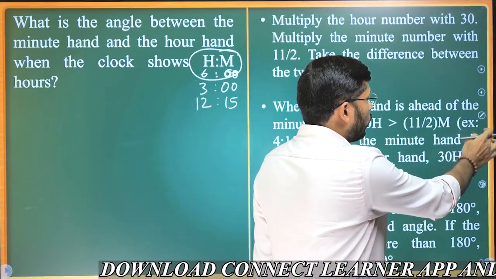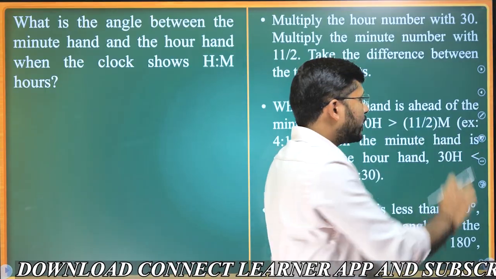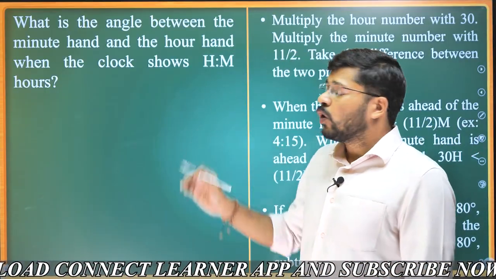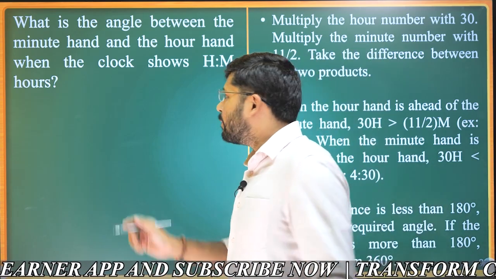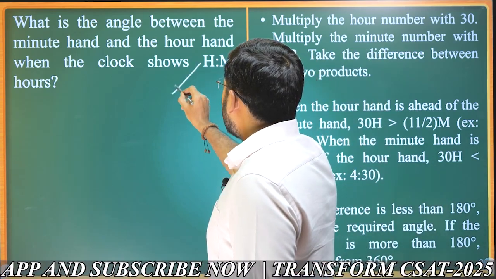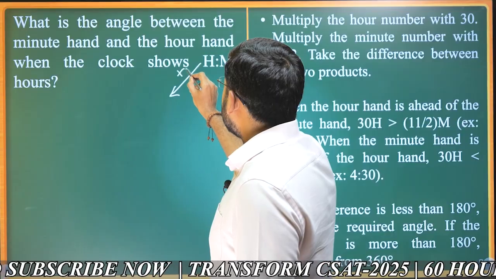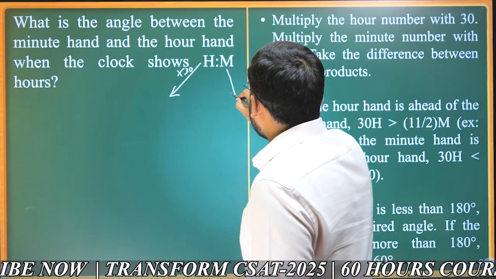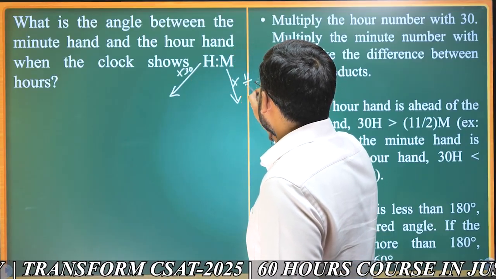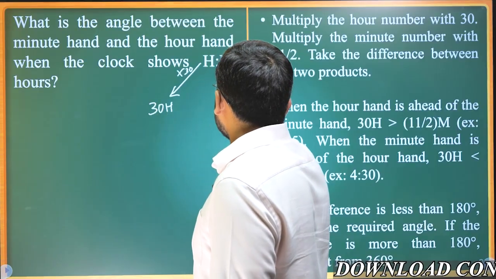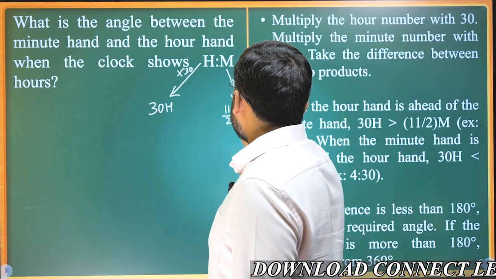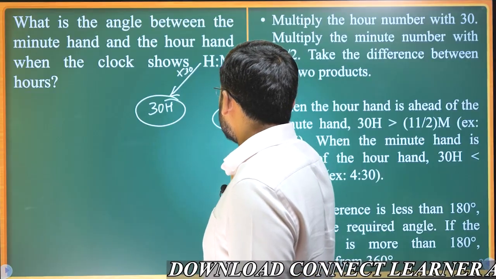Okay. Now the question asks us, whenever the time is HM, what is the angle between the hour hand and the minute hand? And as I told you, there is a ready method for that. Just multiply the H with 30 and multiply M with 11/2. So you will get 30H and 11/2 M. Yes, you will get these two.